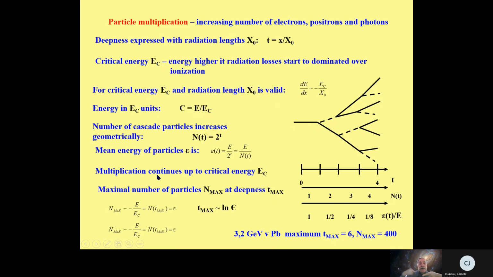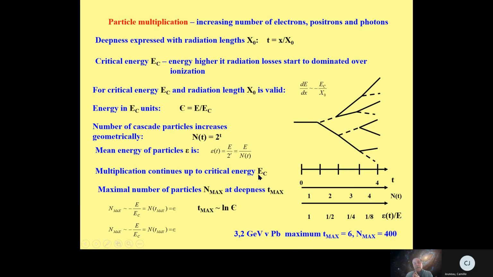And as I said, any process will produce two particles. That means at the end you will have as many particles as is given by the critical energy.